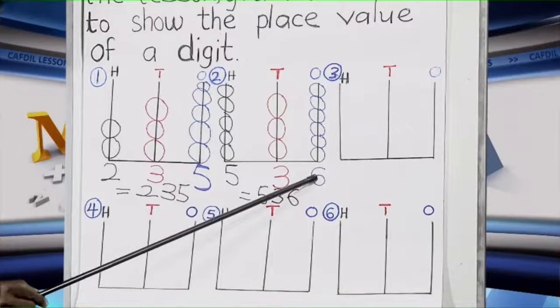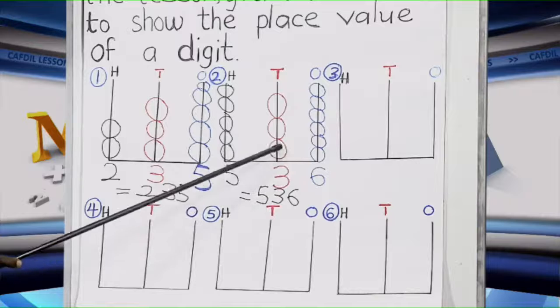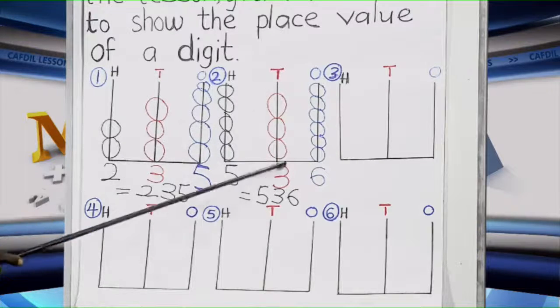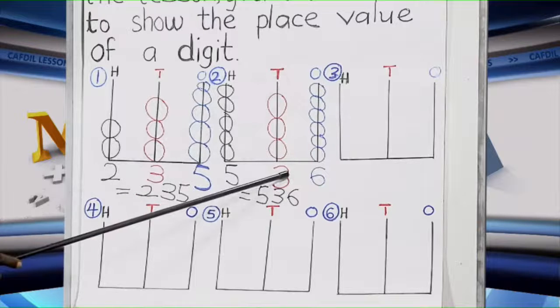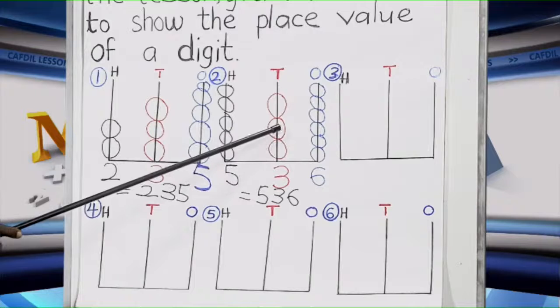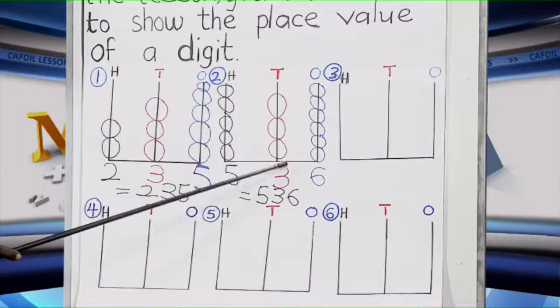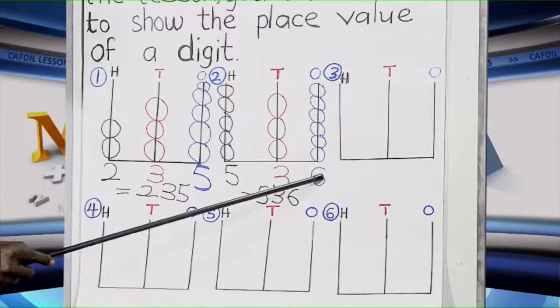So you can see that under ones column, we have 6. And then this 3 is not actually 3, but it is 3 tens because it is under tens column. So each one is 10. So we can have 10, 20, 30. So this 3 is 30. So we have 30 and then 6.